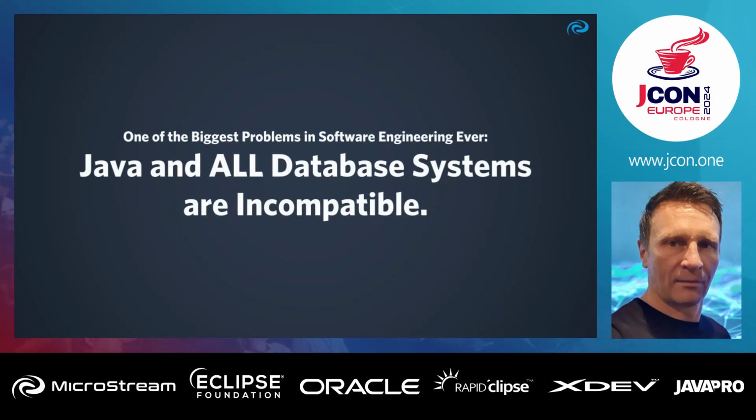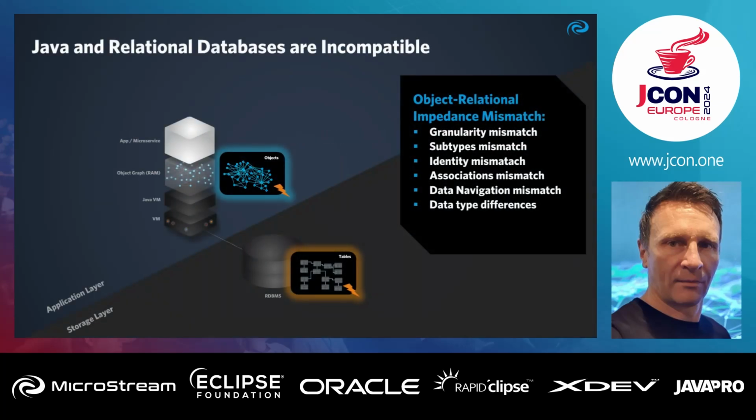So the core problem is super interesting. All programming languages on the market, and of course also Java, and all databases on the market are incompatible from the technical perspective. In Java, everything is object-oriented. We deal with objects. Everything is an object.